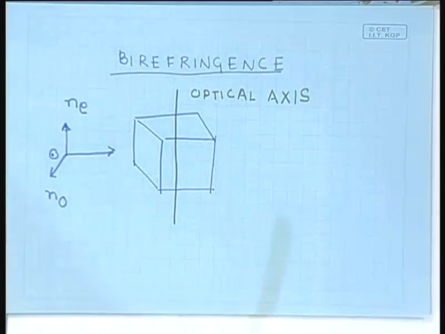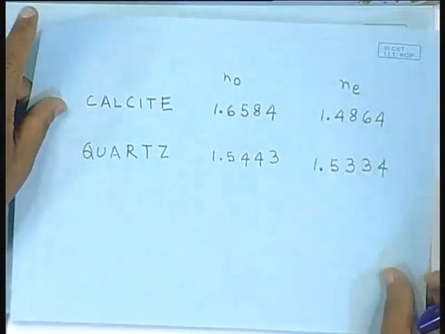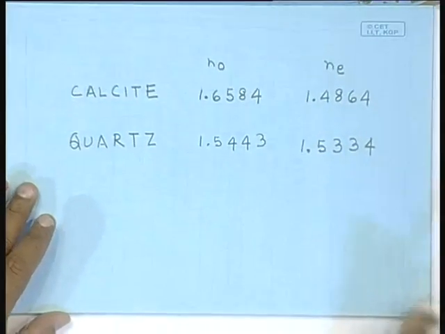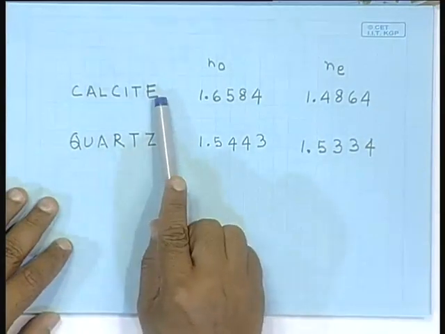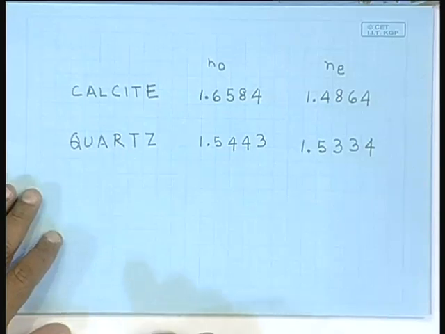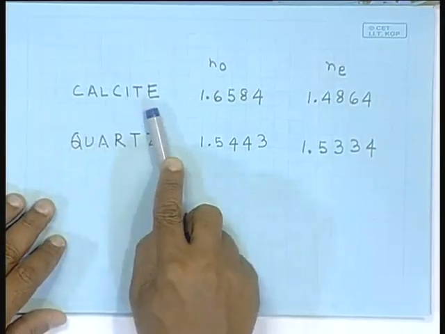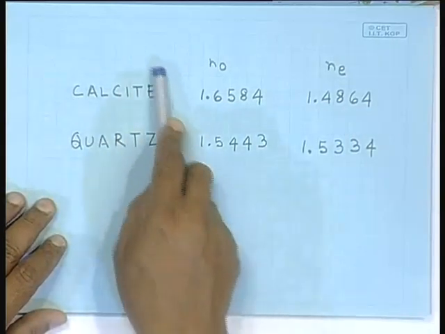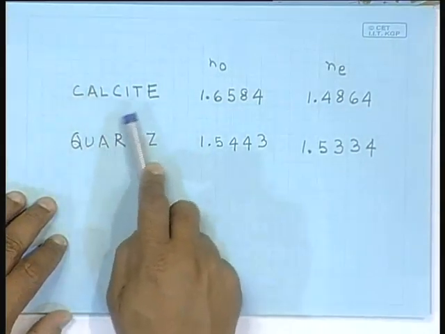Let me give you two examples first. For example, we have calcite, calcium carbonate. Calcite is a calcium carbonate crystal. So, for example, marble is made up of calcium carbonate, and calcium carbonate crystals are referred to as calcite.